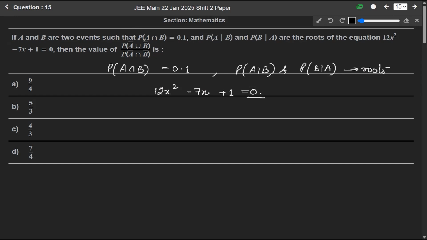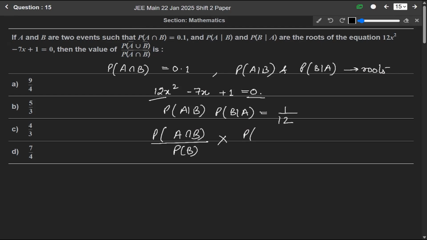So we can write from here P(A|B) into P(B|A) will be equal to 1 over 12. Okay. So P(A intersection B) over P(B) into P(A intersection B) over P(A) will be equal to 1 over 12. And this P(A intersection B) is 0.1.